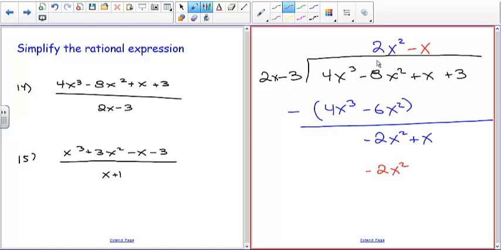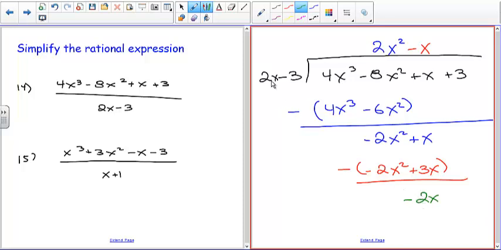And then we take negative x times negative 3, which is going to be positive 3x. But we're really subtracting that. So negative 2x squared plus 2x squared is 0. 1x minus 3x is going to be negative 2x.